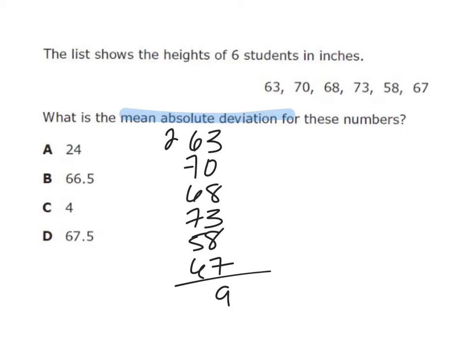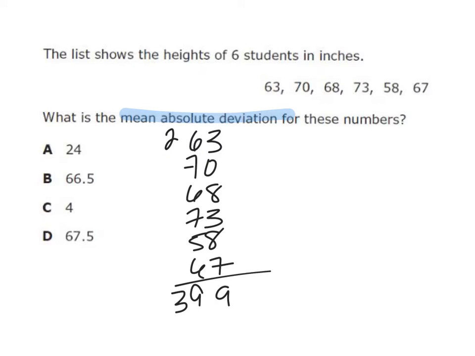And then I have 1, 2, 3 6s, that's 18, 19, 20 with the 2, 20, 34, 39, I think, but let me just double check. 63 plus 70 plus 68 plus 73 plus 58 plus 67. Yes, it's 399. Oops, that's not a 3. That's a 3. Okay, so 399.